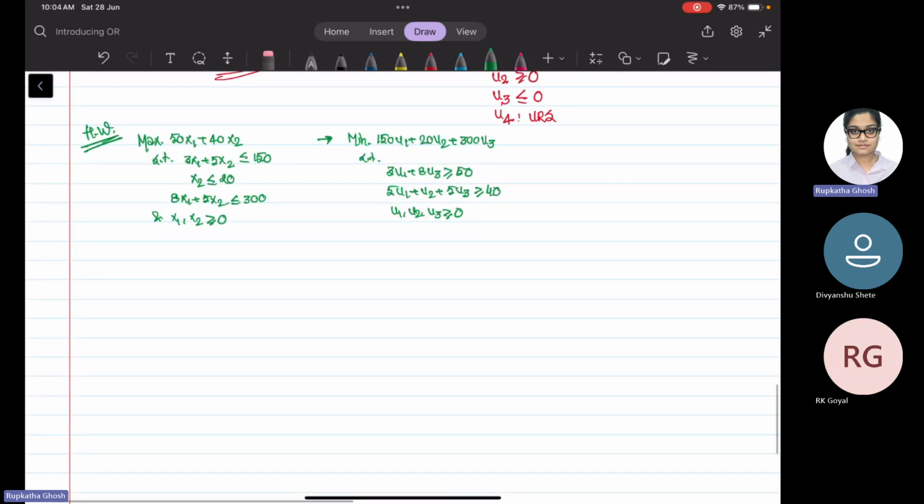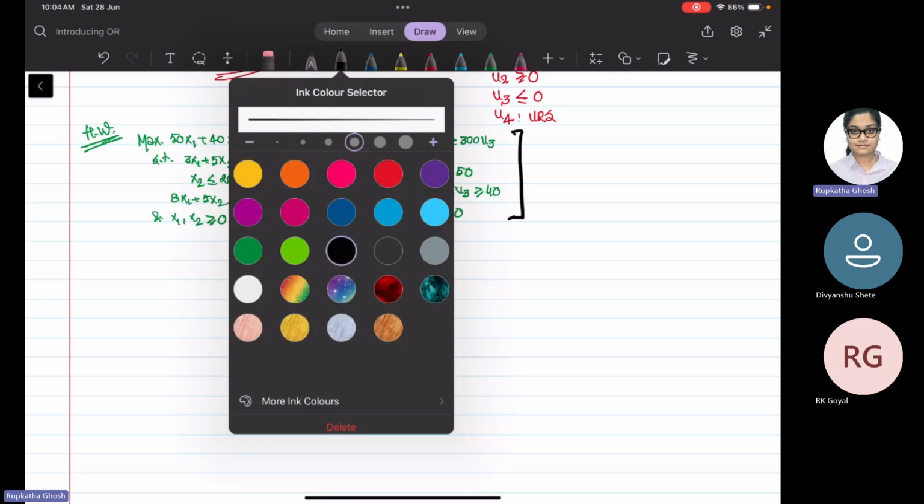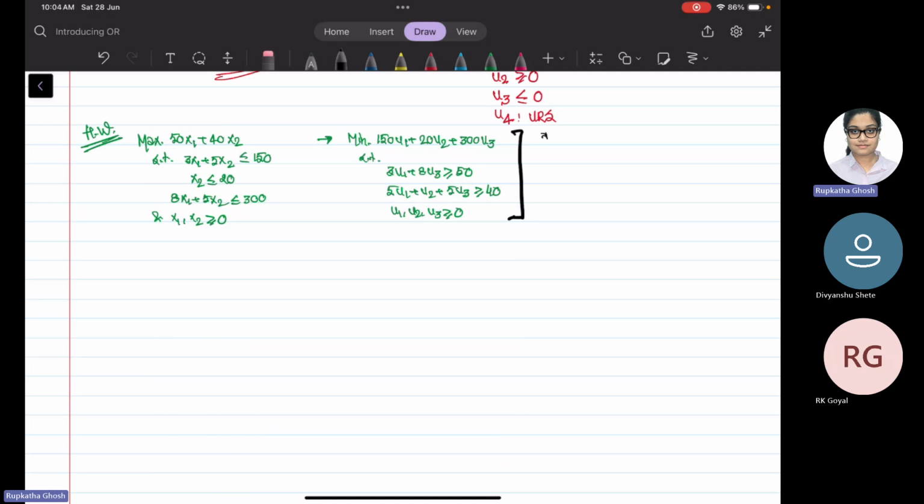What I want you to do is solve both using simplex method, okay? And at the final iteration, whatever the final table that you get, you will see that whatever is the value of your Zjs, that would be the value of the basic variables in your dual model.